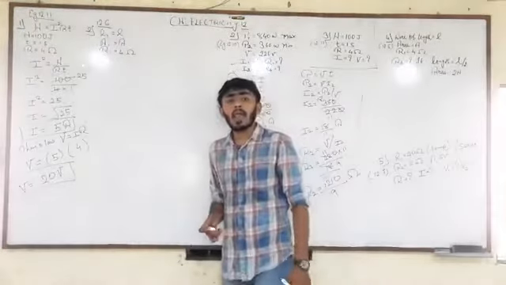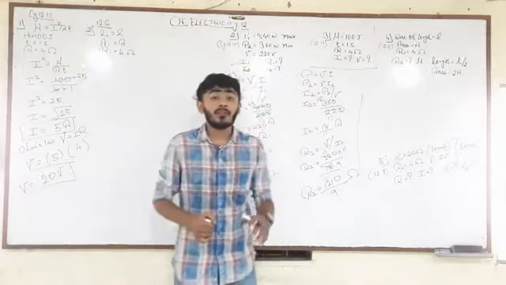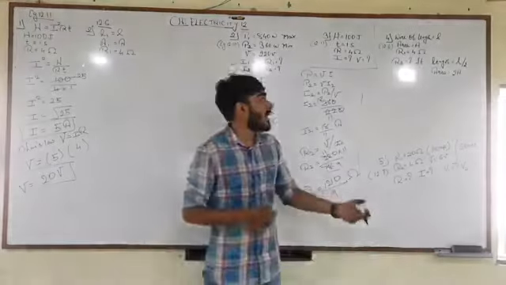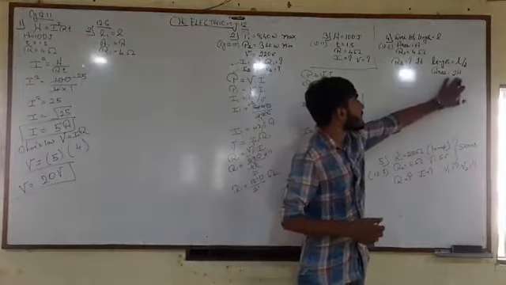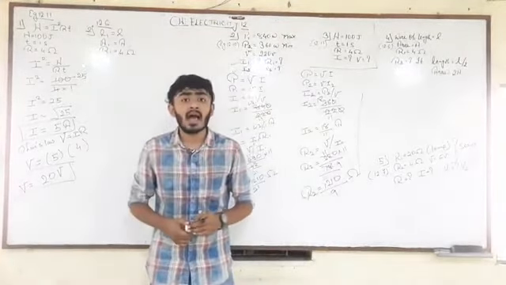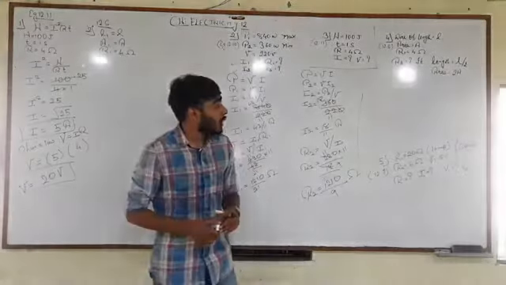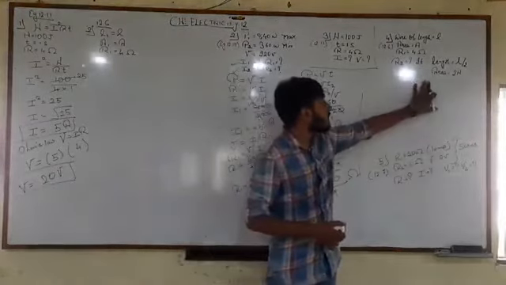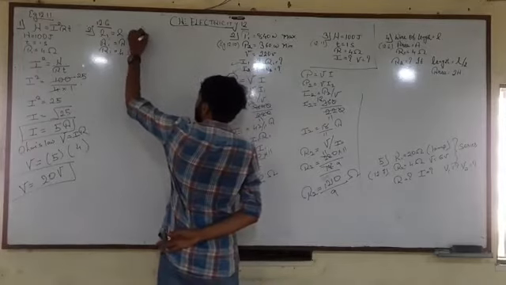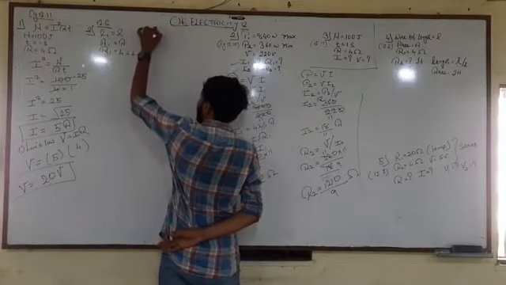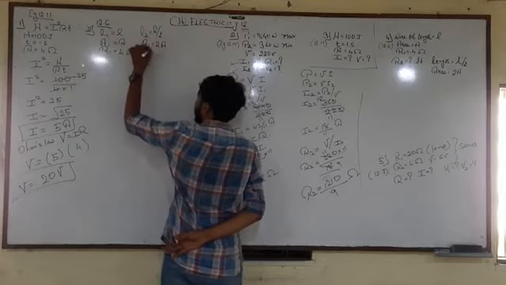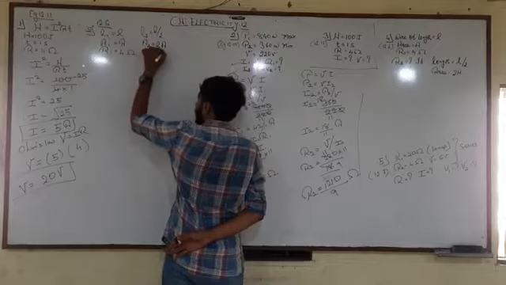If the length is half, the area is double, that is the area is equal to 2A. Fine students? Then we need to find the resistance. So I can write over here length L2 is equal to L upon 2 and area A2 is equal to 2A. We need to find R2.